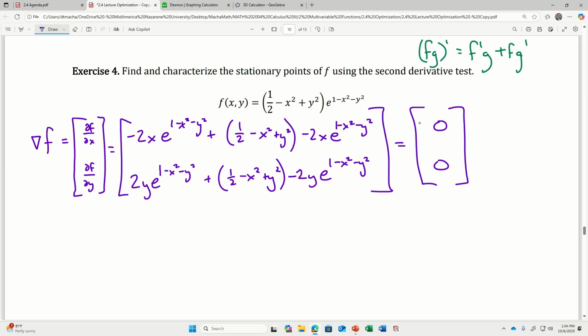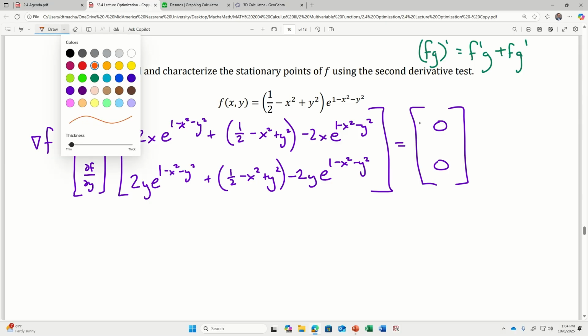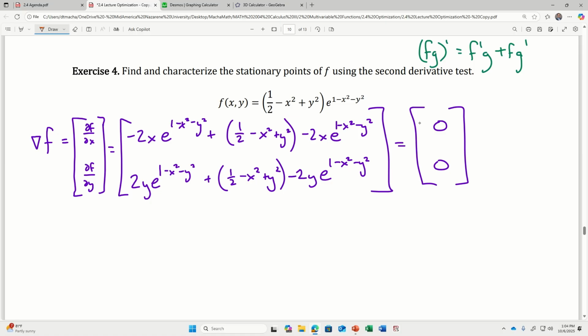So for one thing, let me rewrite the first entry in this vector, the partial of f with respect to x. And as I rewrite this, I'm going to factor out a few things. I'm going to factor out negative 2x. I'm going to factor out e to the power 1 minus x squared minus y squared. And then what I'm left with is 1 plus 1/2 minus x squared plus y squared.